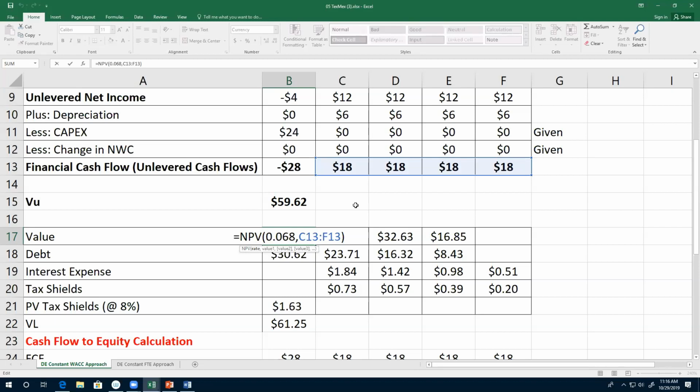Main point, the valuation of the free cash flows when you discounted these at the WACC is the same as if you first do the unlevered and then add the tax shield separately. You get the exact same answer, and therefore the NPV is going to be the same as well. So this 61.25 using a discount rate of 6.8% is exactly equal to the 61.25 that you're getting by first determining the value of the project unlevered and then adding the tax shields separately.